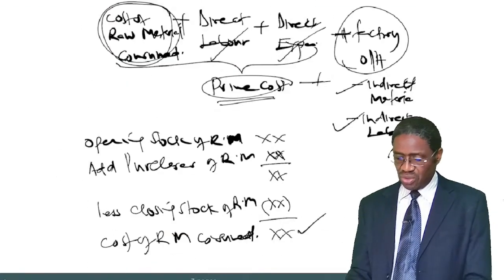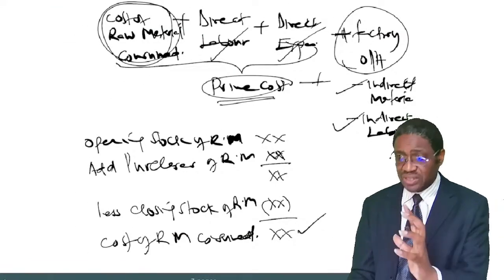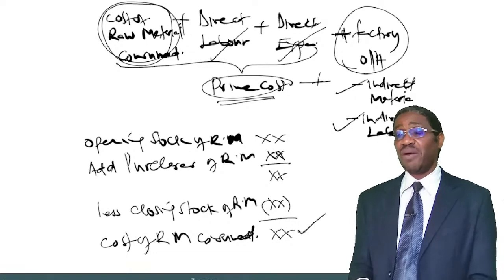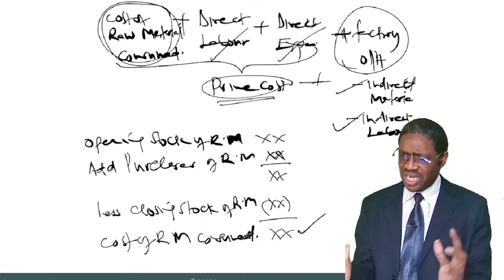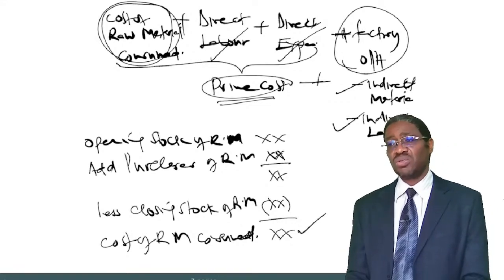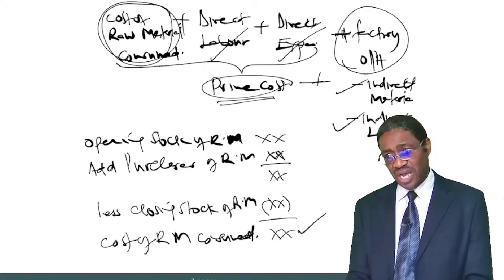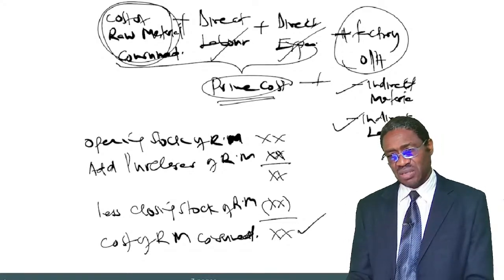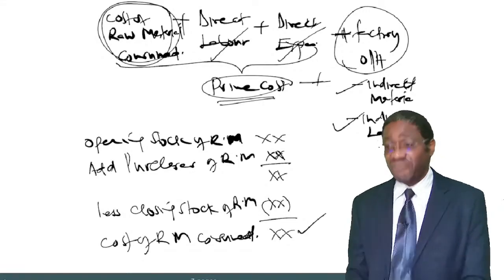Now I want to talk about the format of how to prepare the manufacturing account. I've only discussed the general statement of how to determine the cost of production, but not how to prepare the manufacturing account.